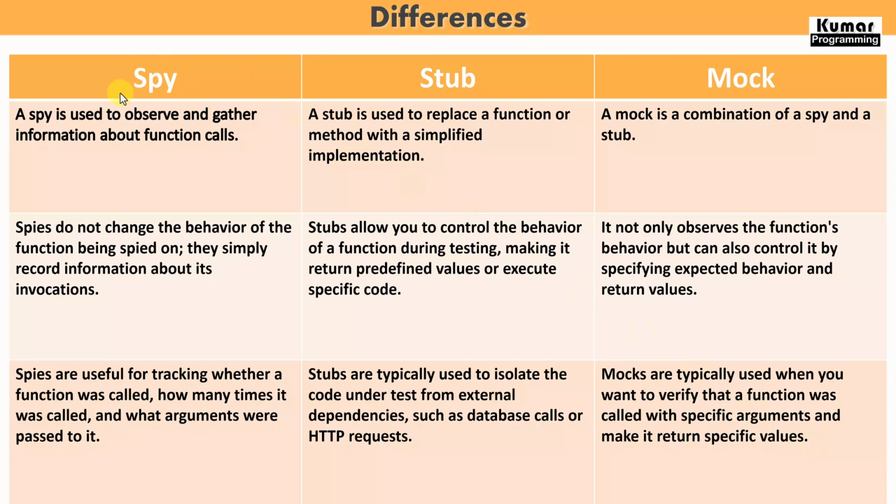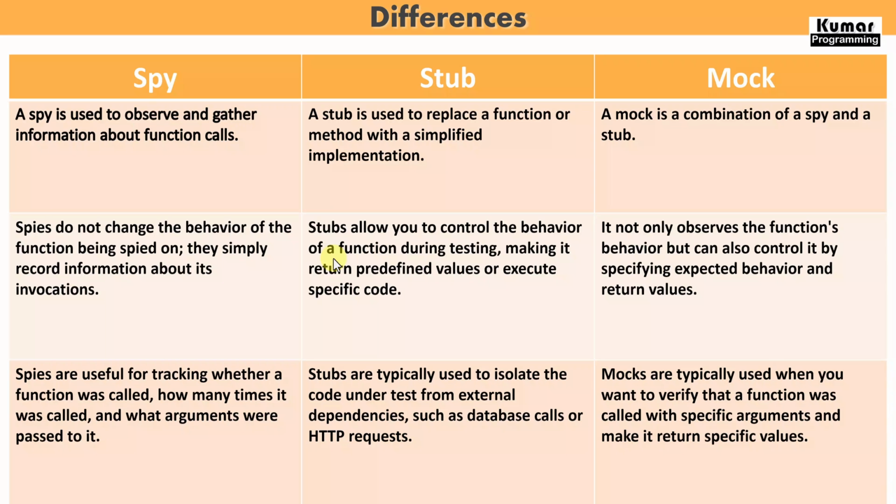Spying is just used to gather the information about the function invocation, stub changes the behavior of the function, and mock gathers the information about the function call as well as changes the behavior of the function. It will be more clear once we see all these differences in our practical demonstration.